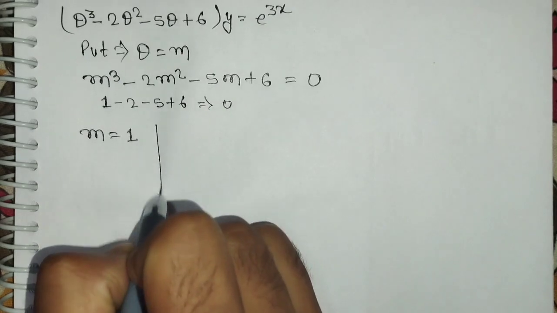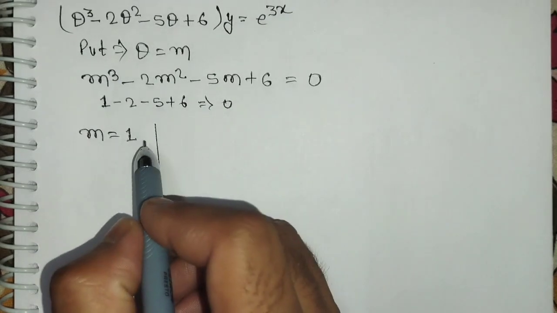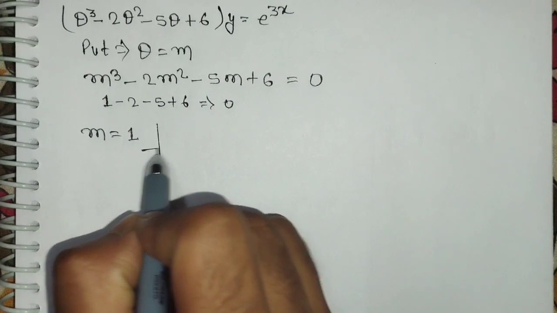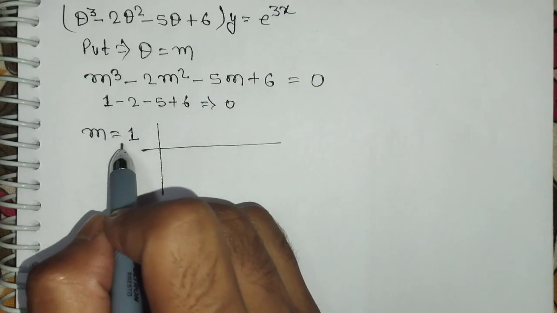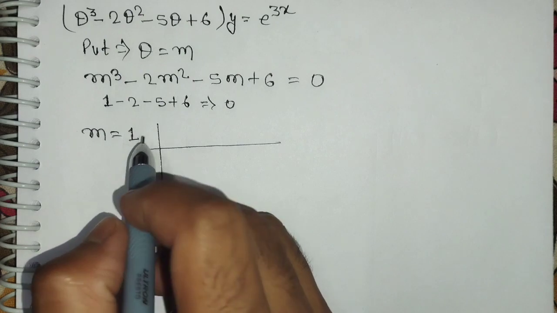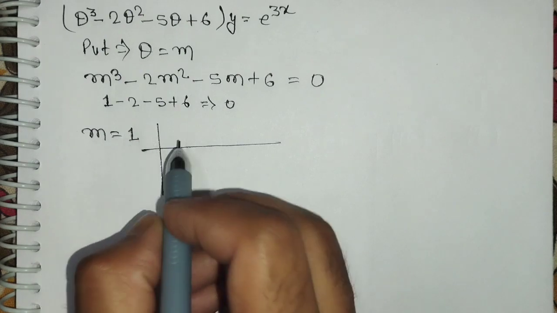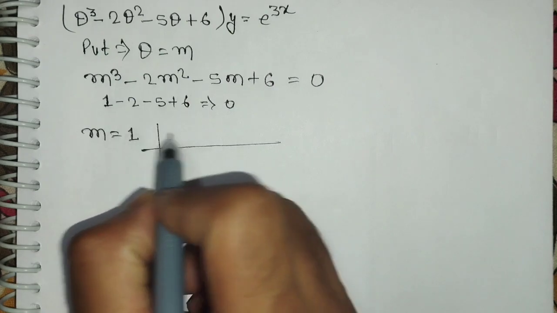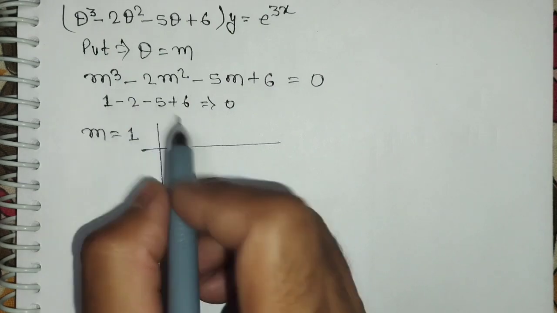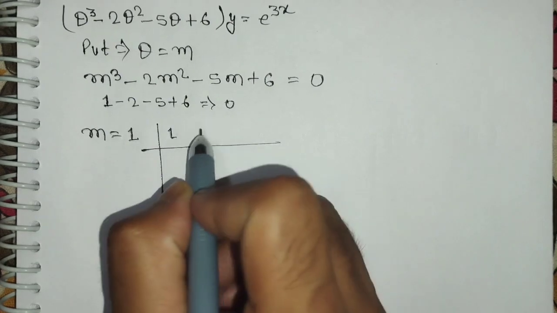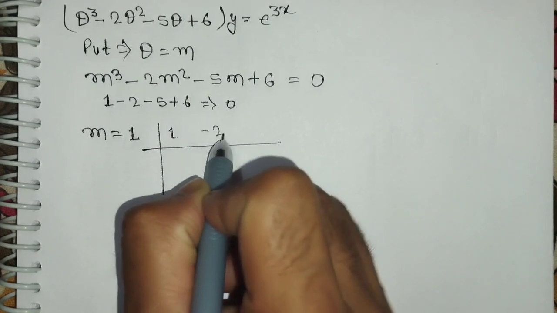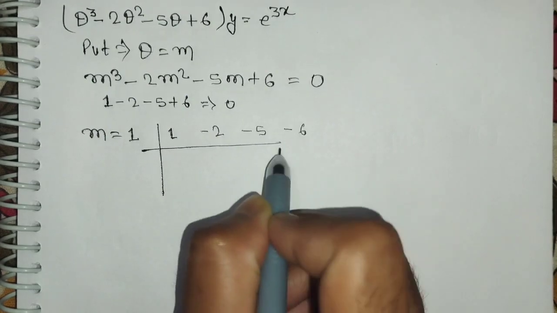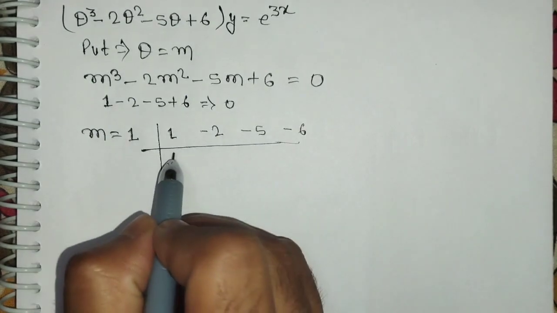Now we have to factorize this cubic equation. Let's see how I factorize it. Write the coefficient of m^3, it is 1, the coefficient of m^2 is -2, the coefficient of m is -5, and the constant is 6.